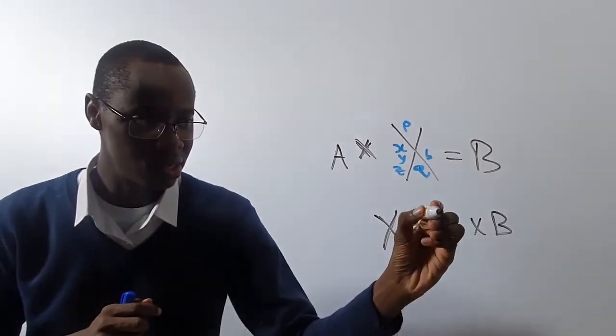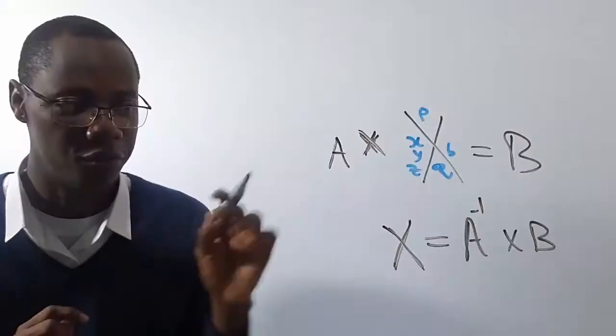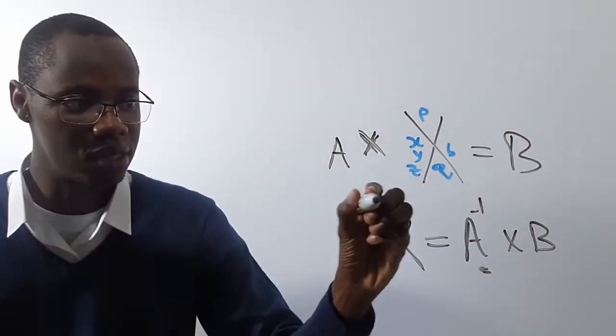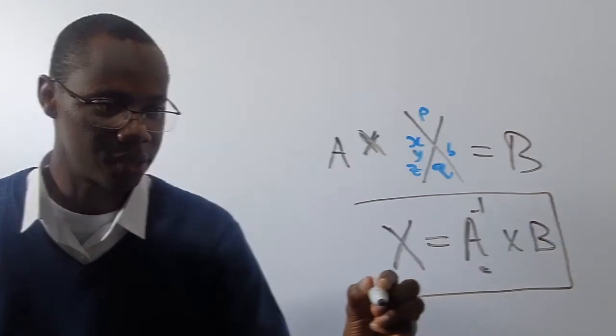Very easy. All we need to do is find the inverse and multiply it by B. That's all. So this is the formula. Make sure you memorize it.